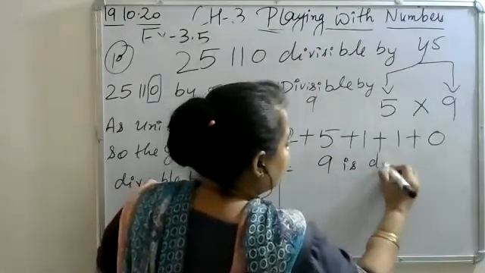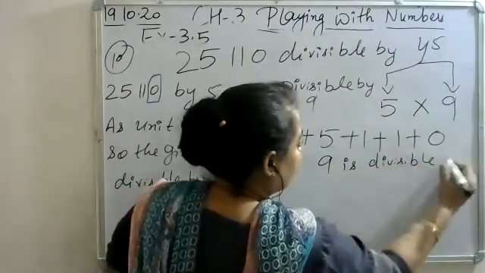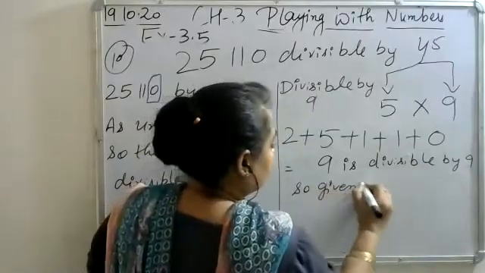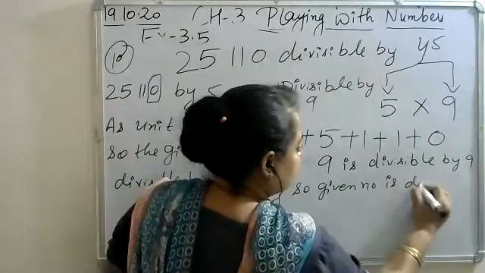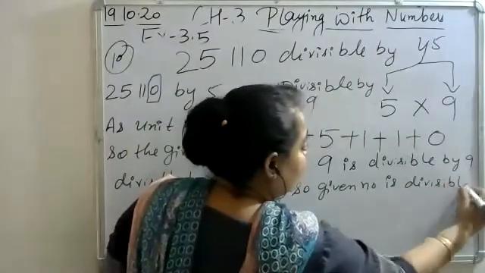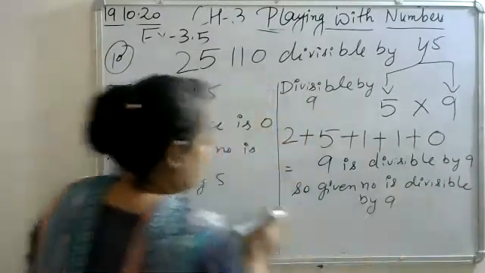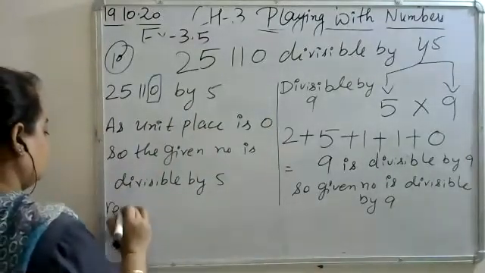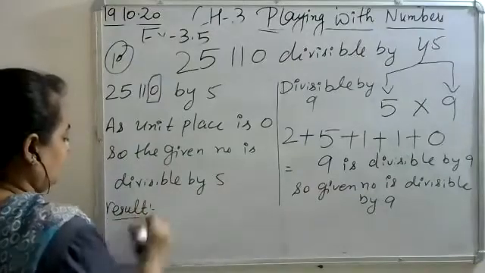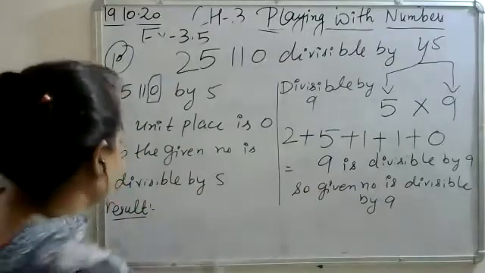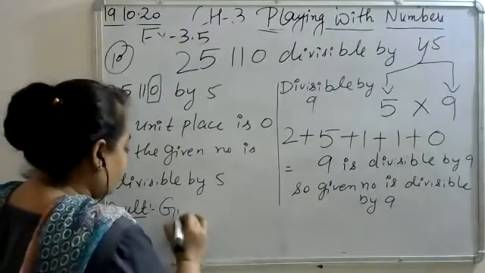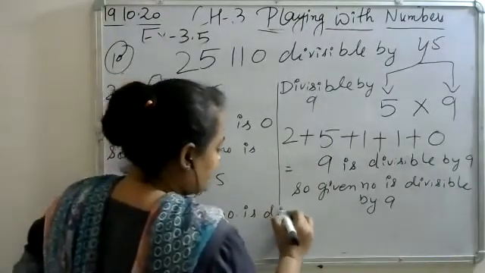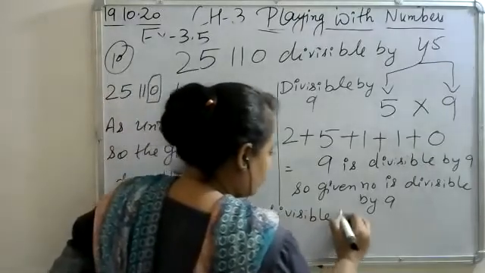9 is divisible by 9. So the given number is divisible by 9. So in the result you will write: given number is divisible by both.